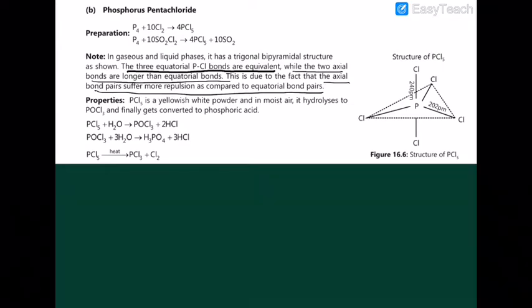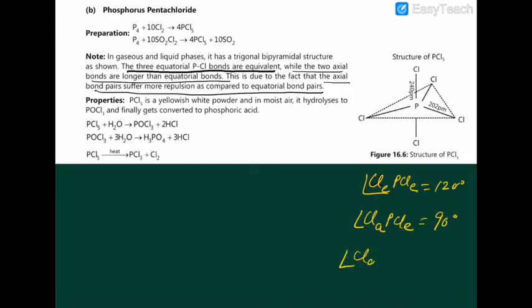Equatorial bond angle: if one chlorine is equatorial and the second chlorine is also equatorial, then the bond angle is 120. But if one chlorine is axial and the other is equatorial, then the angle is 90 degree. If both the chlorines are axial, then the angle is 180. These are axial chlorines, so they are linear.